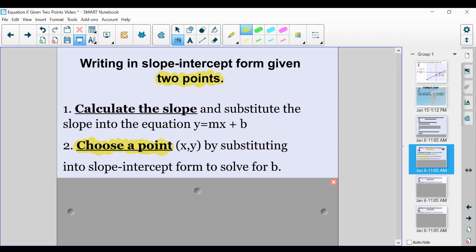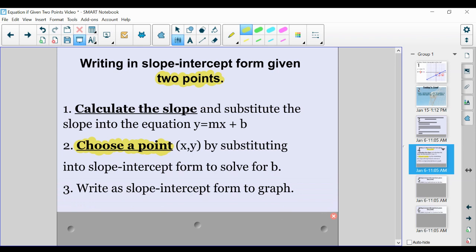Now, it does not matter which point you choose. In some situations, one coordinate point may be easier and more efficient for us to use. That's totally fine. It does not matter which coordinate point we use because both of these coordinate points are on the line. So we're going to choose a point x comma y between the 2 we are given and substitute those values in slope-intercept form to solve for b.